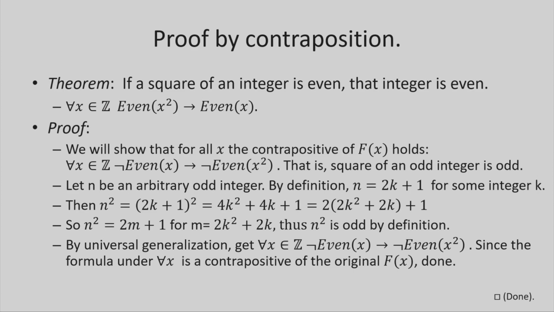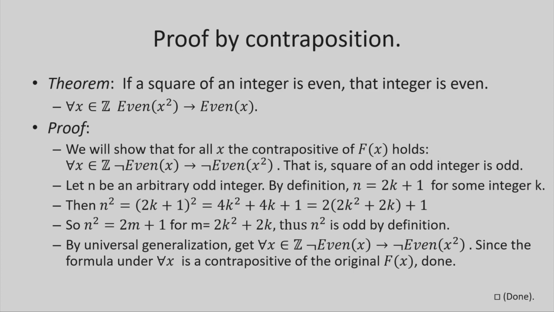Let n be an arbitrary not even and therefore odd integer. By definition, n is equal to 2k plus 1 for some integer k. Now let's take n squared. Since n was equal to 2k plus 1, n squared is 4k squared plus 4k plus 1. That's your usual algebra.